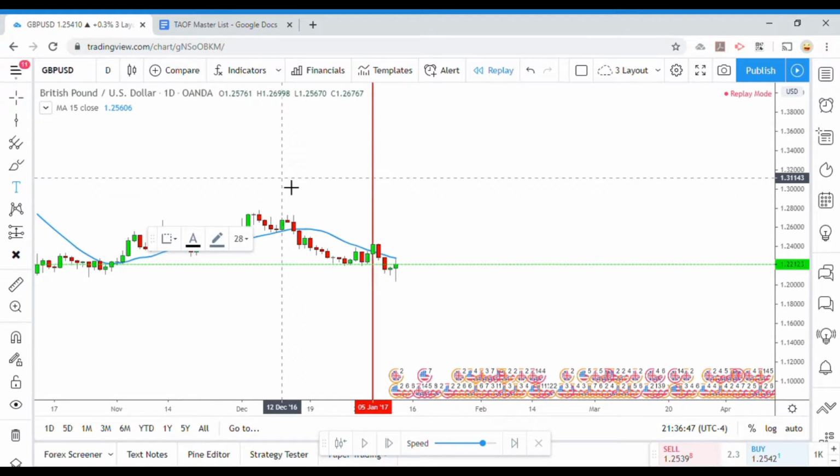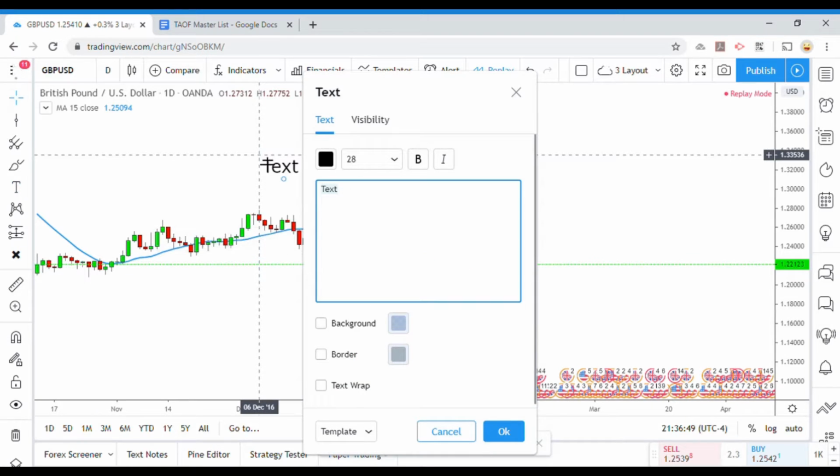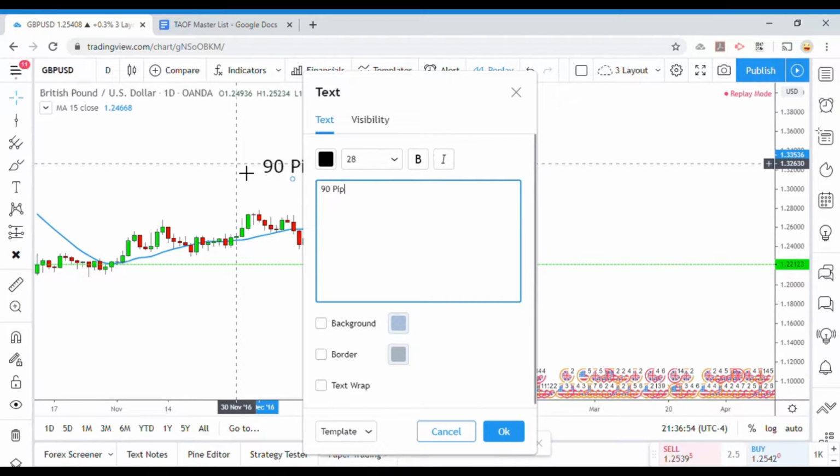Stop loss and take profit. Let's see. So our take profit is 90 pips. This, of course, is designated by the ATR.